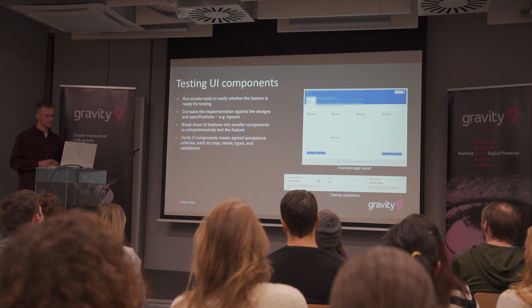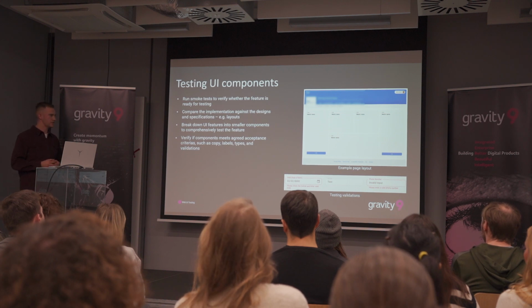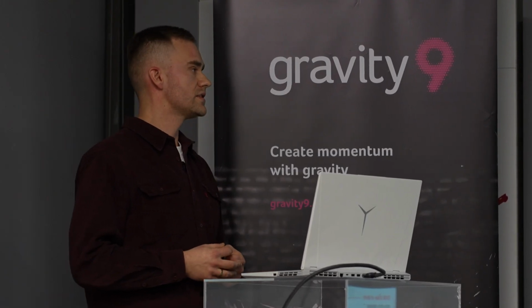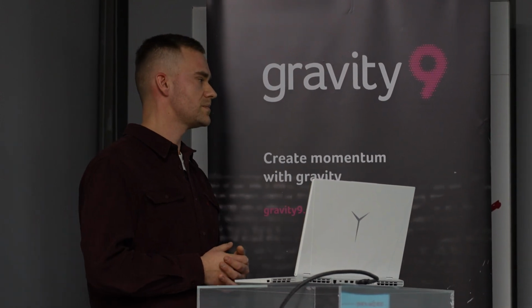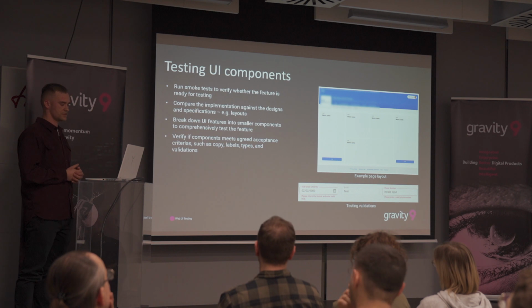And on the bottom, there is a simple footer. If this is all good, even at the very first sight, I believe that you can proceed further and start breaking down the whole set of UI features into smaller components, just to be able to test it fully and efficiently.